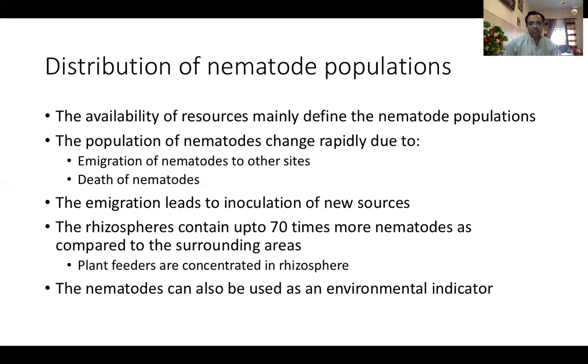So that's why they can also be used as environmental indicators. As we discussed in our lecture on protozoans, protozoans are also used as environmental indicators, and in the same way nematodes can also be used.